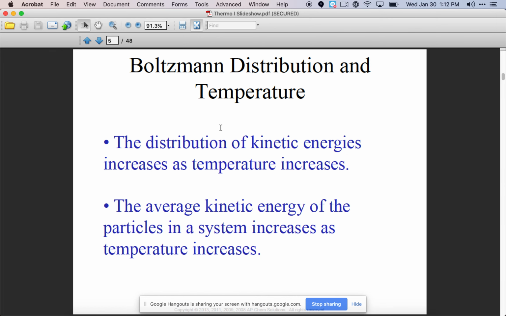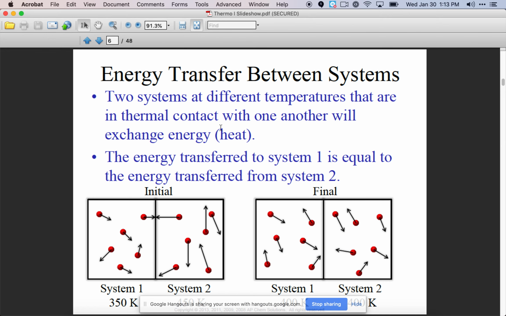Okay. All right. So we're looking at distribution of kinetic energy when we look at the Boltzmann curve. All right. Here's another section that's pretty important. We said, what does the arrow tell us with these particles? The velocity. Yeah, right. So the bigger the arrow, what happens to velocity, people? It increases. Yeah, so the longer the arrow, the higher the velocity, okay?